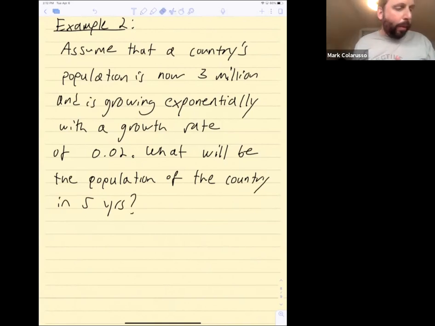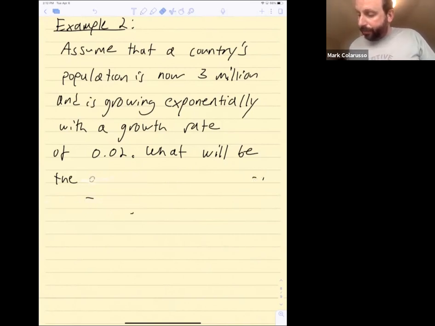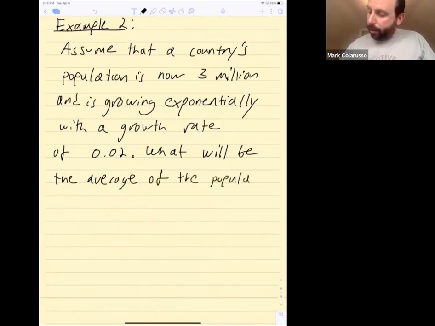What is the average of the population during the next, actually not just 5, 50 years. What will be the average of the population of the country over the next 50 years.